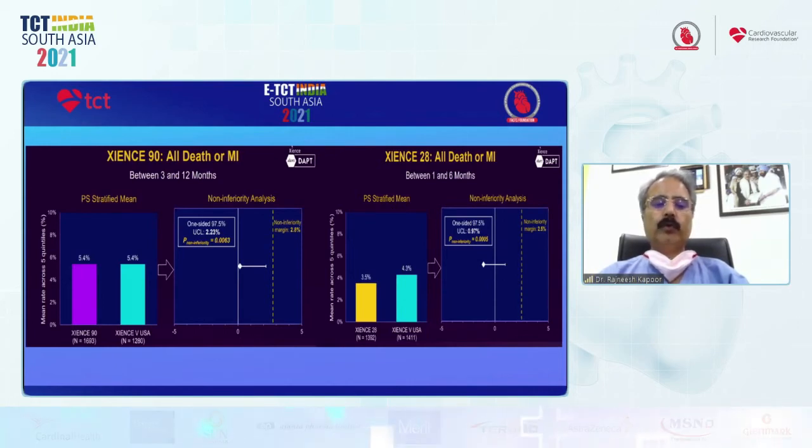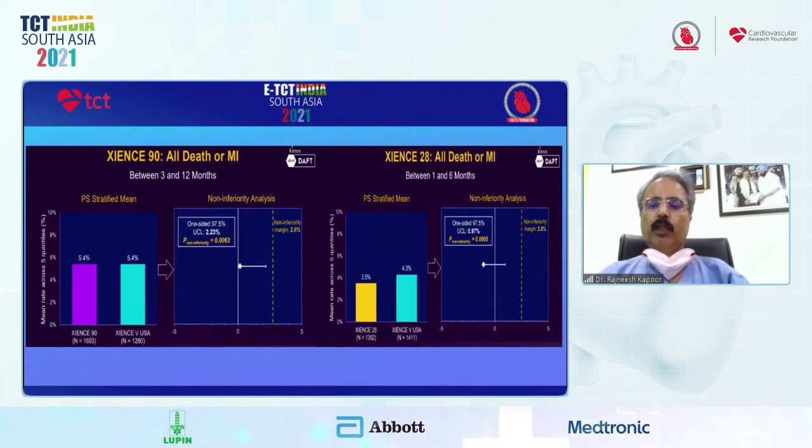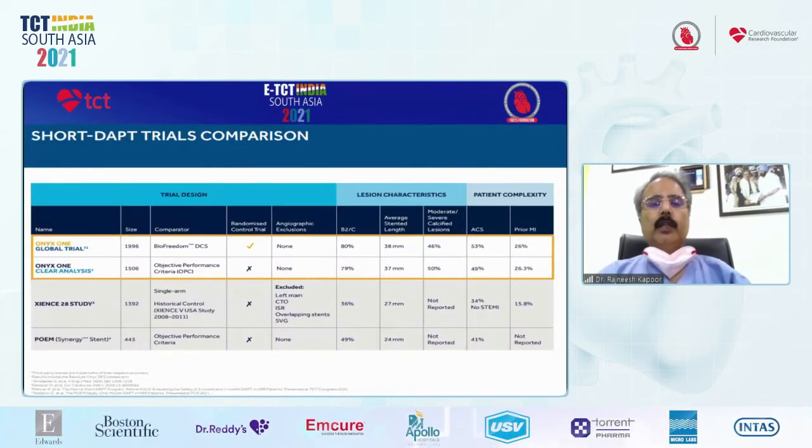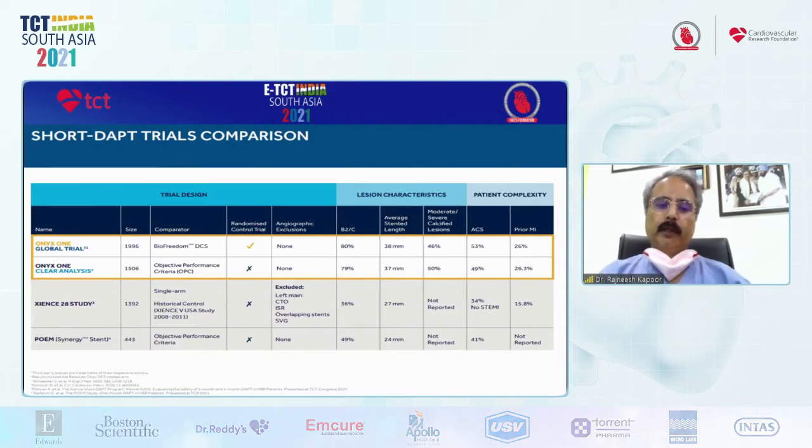The results were almost the same in both the arms, where it was not switched and DAPT was continued, and where the DAPT was switched after 90 days to single antiplatelet. Similarly, even after 28 days of switch from DAPT to single antiplatelet, both the groups were behaving in a good way.